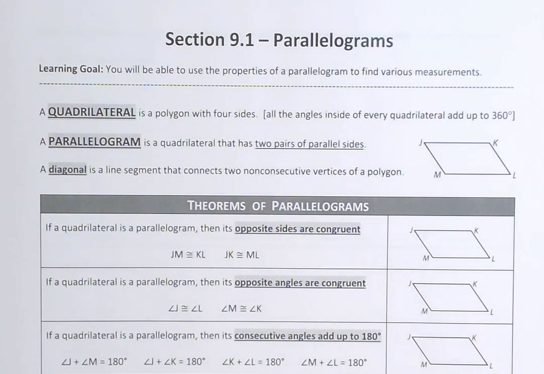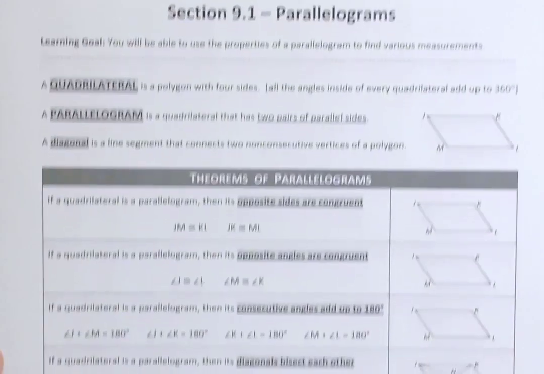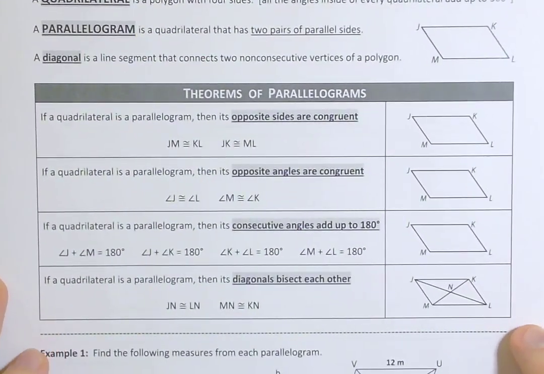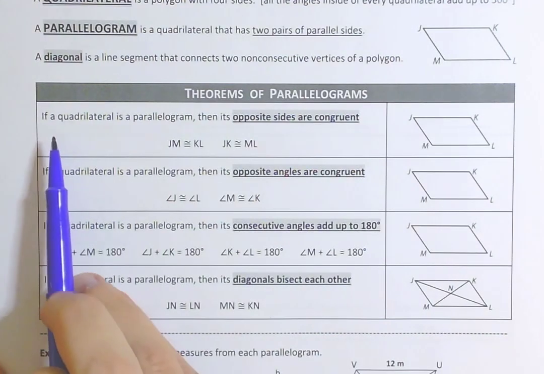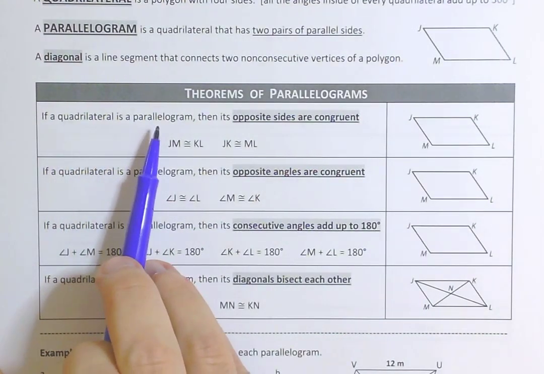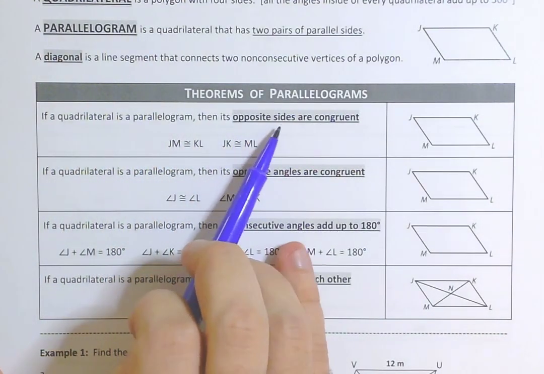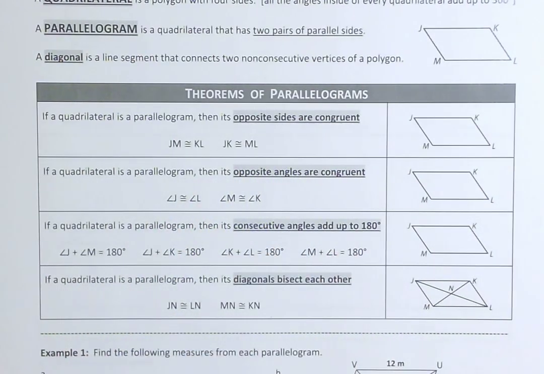All right, so now what I want to do is talk about four different theorems of parallelograms. So we'll go ahead and slide this up. Our first theorem is: if a quadrilateral is a parallelogram, then its opposite sides are congruent. So opposite sides are parallel, and opposite sides are also congruent.